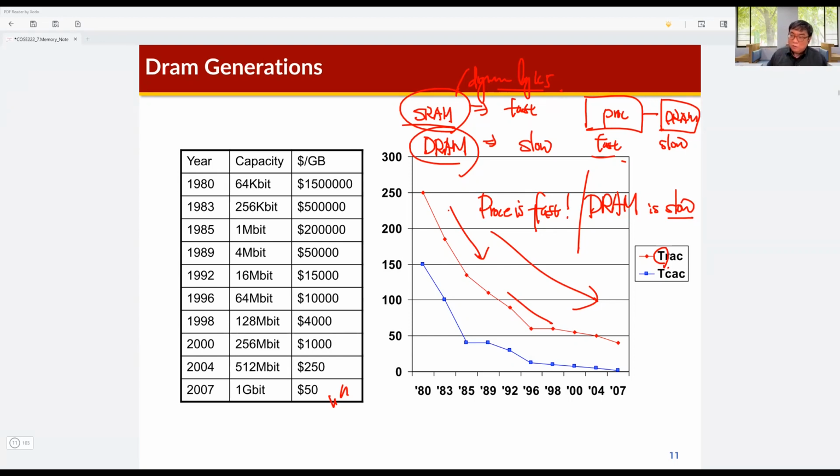And this is called the memory wall. Memory wall means that because of slow DRAM or slow memory, the performance of computer systems is determined by these slow memories. Okay, this is the memory wall.